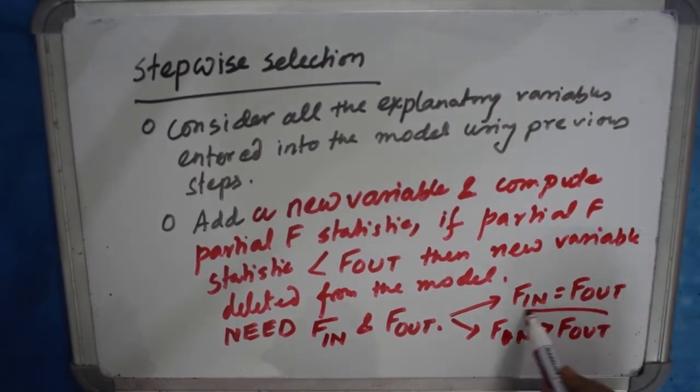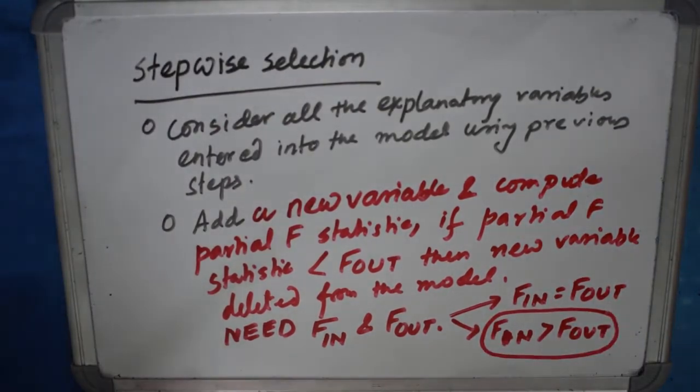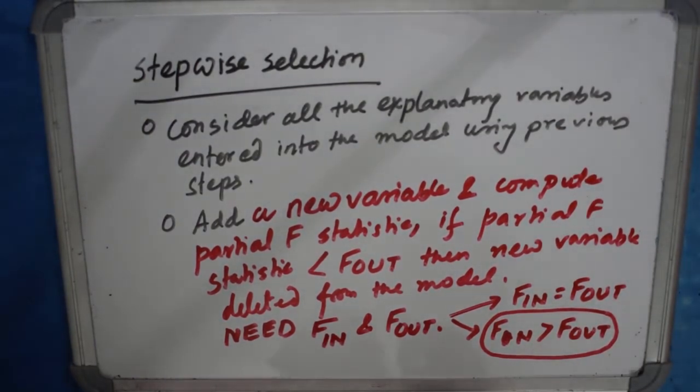If F in is greater than F out, this makes it relatively more difficult to add an explanatory variable than to delete one.